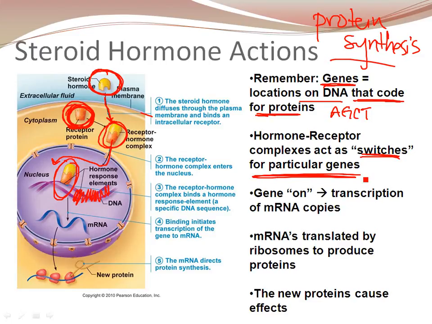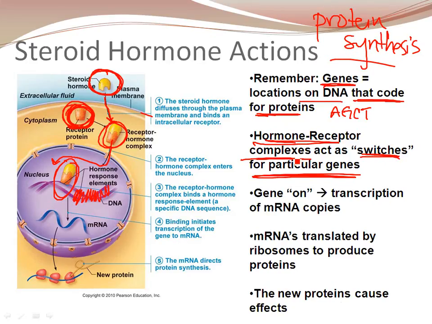Not all of your cells use the same recipes all of the time. What a hormone receptor complex will do, it will act as a switch that tells the target cell to start using one or more recipes or genes that it wasn't using before.